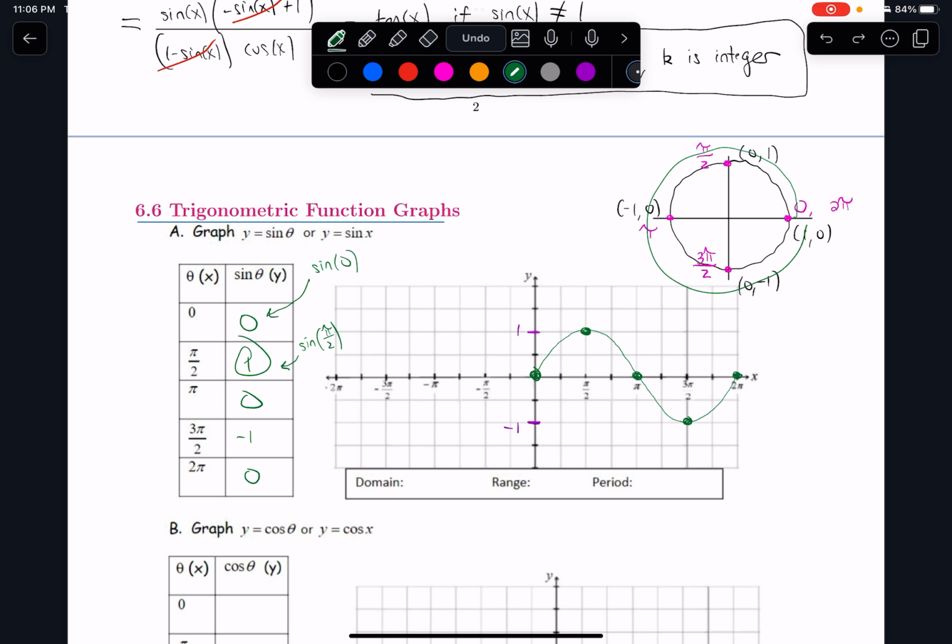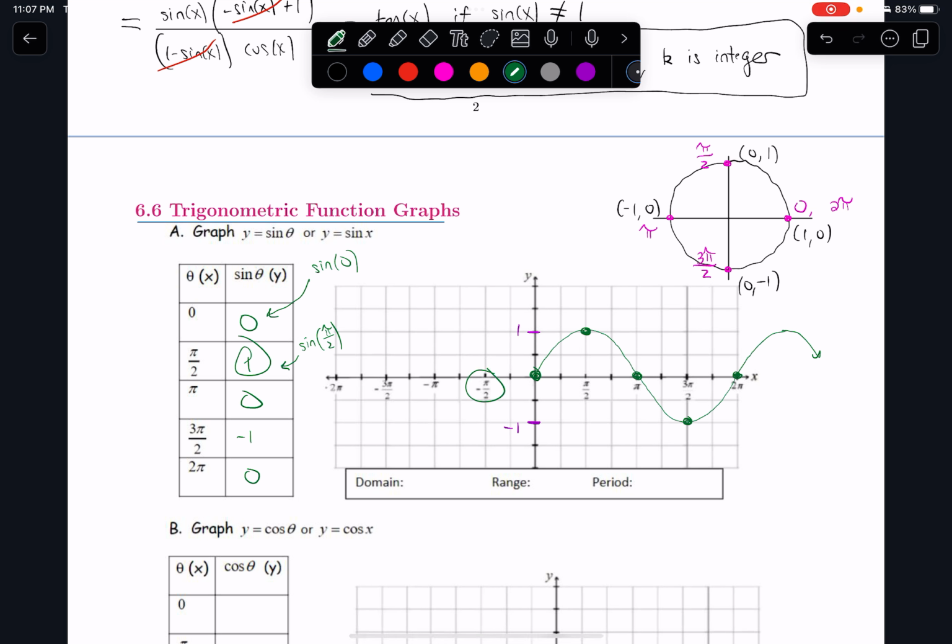In the graph, the shape starts to repeat: it goes up, reaches the high point at the y value of 1, then goes down, and keeps oscillating up and down like this. The same thing happens at these negative angles, so I'm going to plot some points on that side as well.